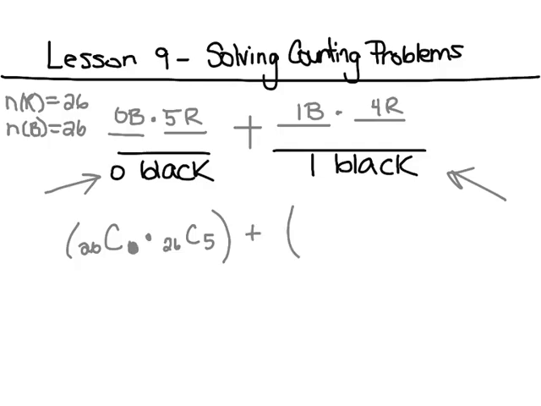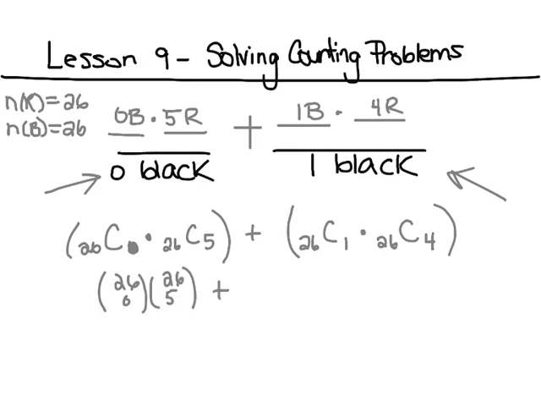For the second condition, we have 26 black cards, we're choosing 1. And we have 26 red cards, and we're choosing 4. So that is how we would write that. This is the same as saying 26 choose 0 times 26 choose 5 plus 26 choose 1 times 26 choose 4.